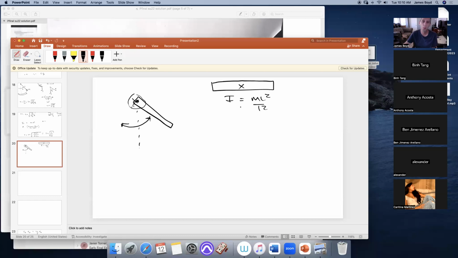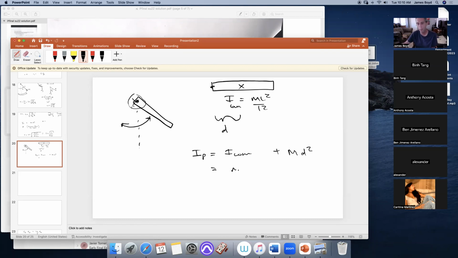So if we want to move this axis of rotation to say here, which is a distance d away, we use the parallel axis theorem. And that says that the moment of inertia is the center of mass moment of inertia plus m times d squared, how far we move from the center of mass to the new axis. As long as they're parallel, we're good.